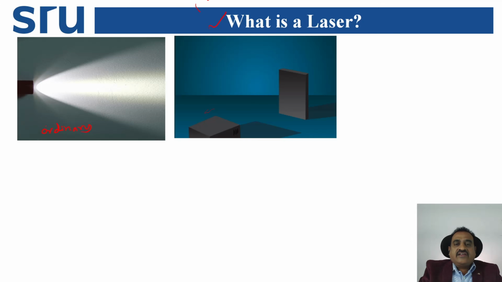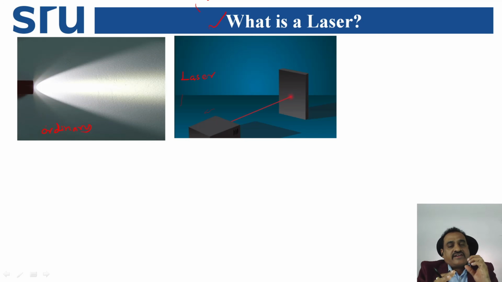So this is laser light. You can see this is the laser light. The ordinary light emits the radiation in all the directions, but the laser light emits the radiation only in one direction.